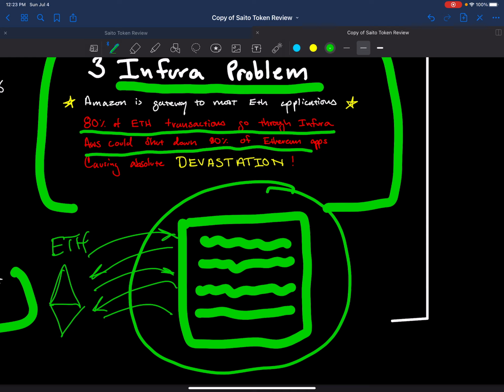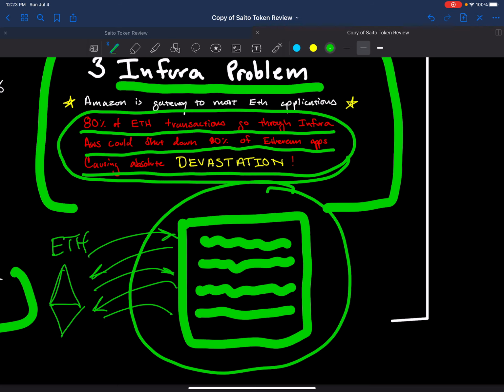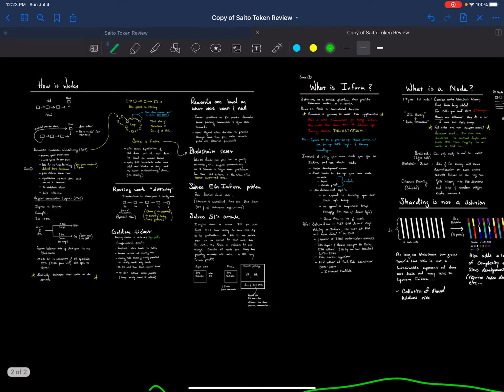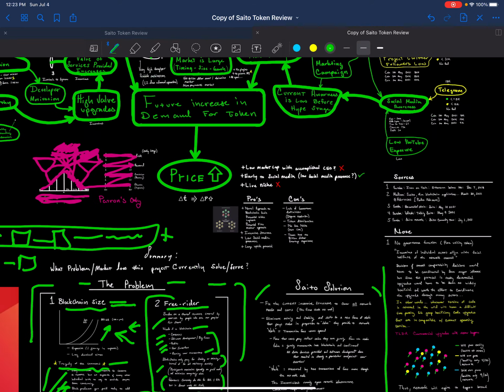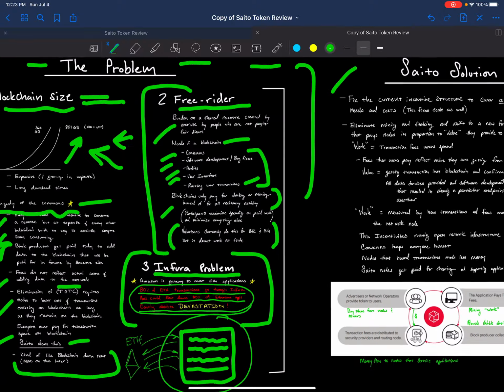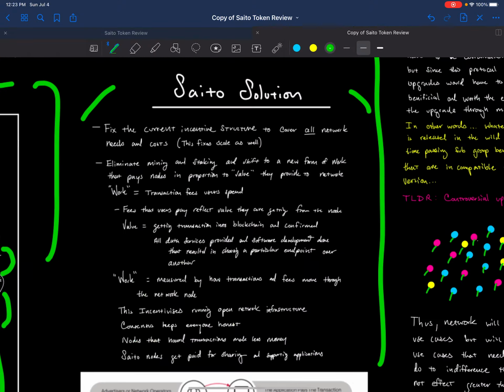AWS could shut down 80% of Ethereum apps, causing absolute devastation. It could destroy the Ethereum ecosystem. So I will, once again, in part 2, go over this stuff in depth, but right now I'm just going to leave it at that we understand that Ethereum is centralized, and Joe Lubin's company, Infura, controls 80% of Ethereum.